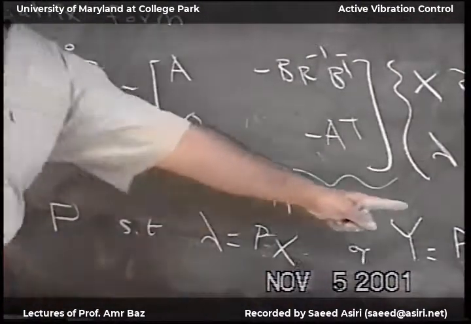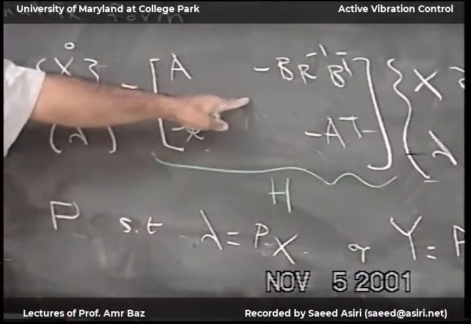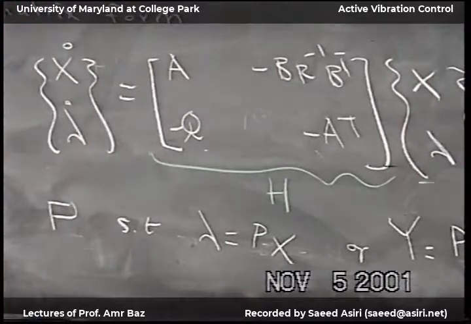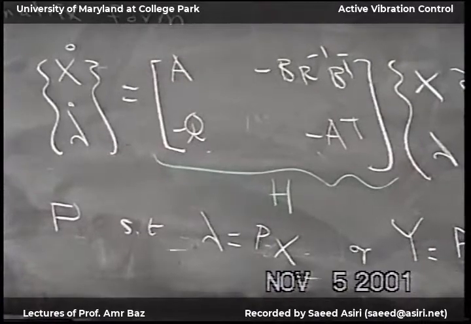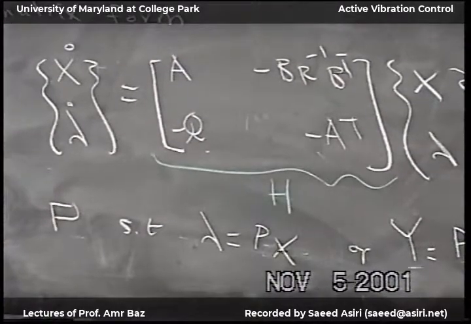If we have this transformation along with the Hamiltonian matrix, we can extract the Riccati equation, and we can solve the entire system. Now, this is very well understood for the LQR, and we showed it in two different ways.